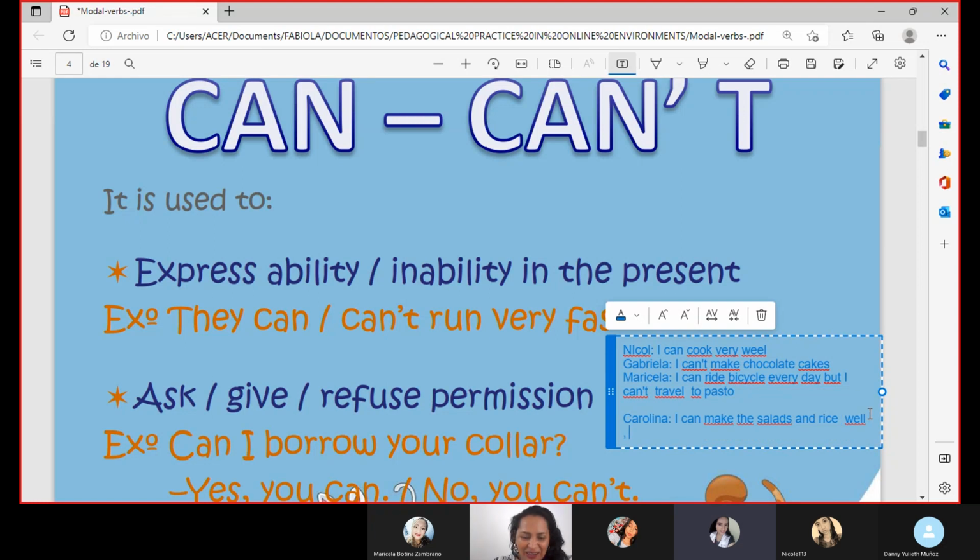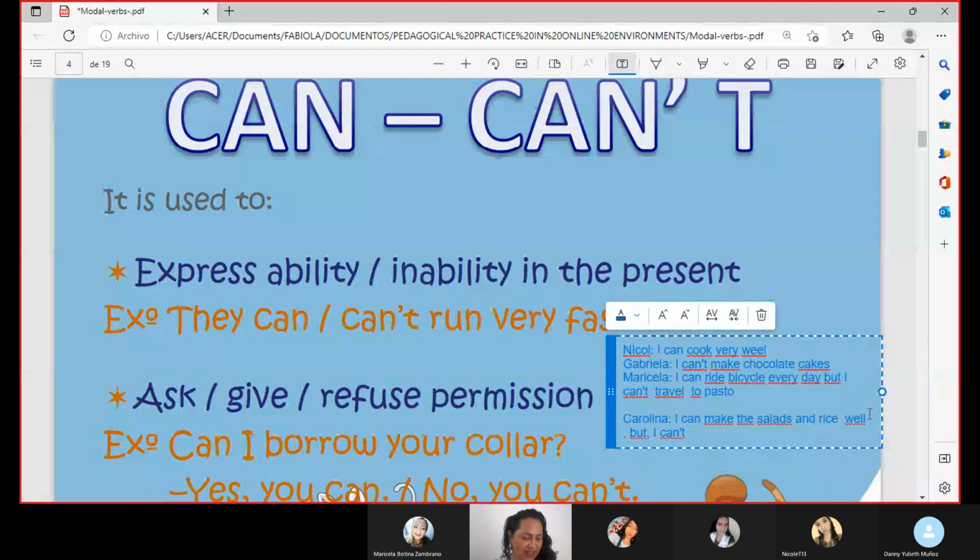And you say, but. Remember, Carolina, that but is a connector, ¿no? Ya aprendimos varios conectores, entonces acá nos podemos aplicar. But I can't. ¿Cómo se dice escalar, tía? Escalar.